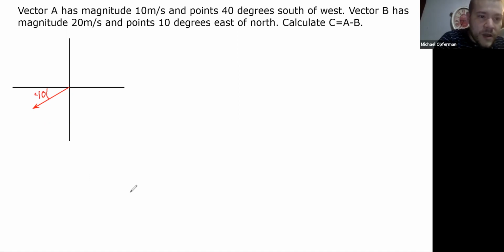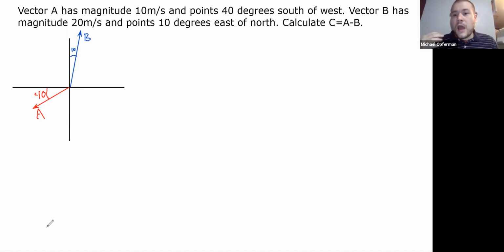There's vector A. And the other vector is 20 meters per second, so twice as long, and 10 degrees east of north. Let's use a different color for this guy. So just a little bit east of north, but much longer than vector A. So maybe something like this. Okay, and that angle there is 10, and this is vector B.